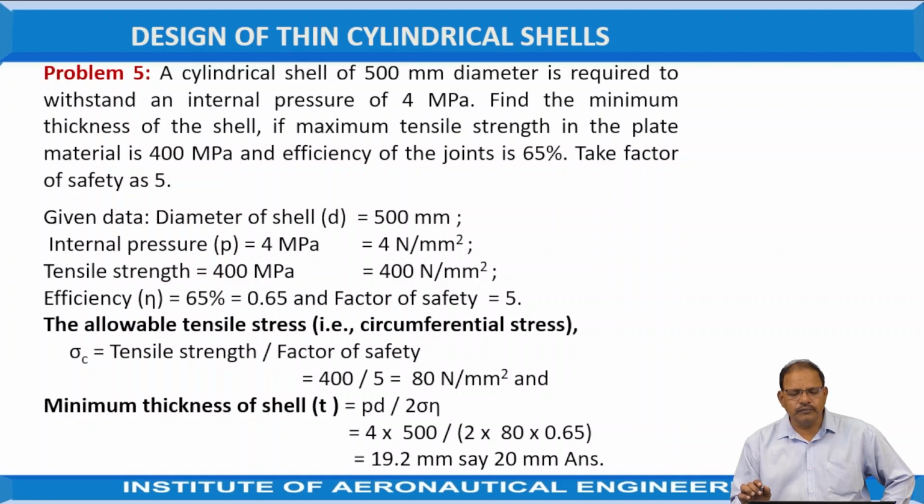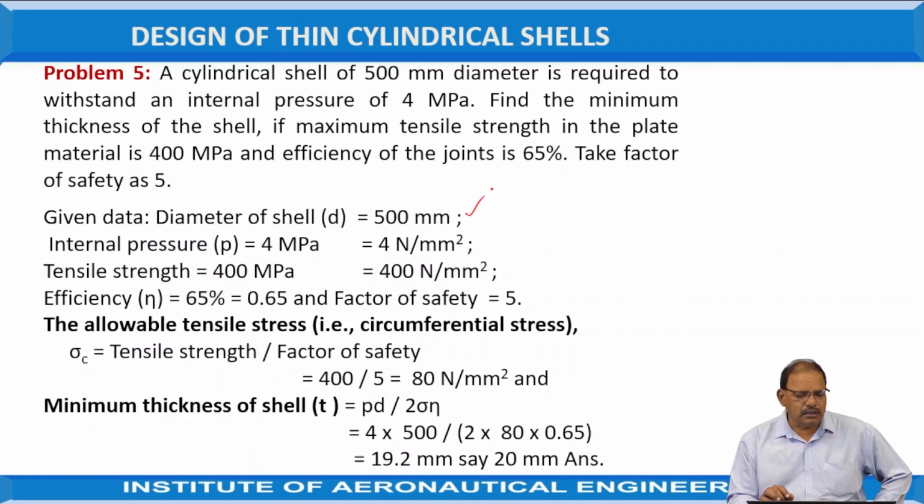A cylindrical shell of 500 mm diameter is required to withstand an internal pressure of 4 megapascal. Find the minimum thickness of the shell if the maximum tensile strength of the plate material is 400 megapascal and the efficiency of the joint is 65%, taking a factor of safety equal to 5.